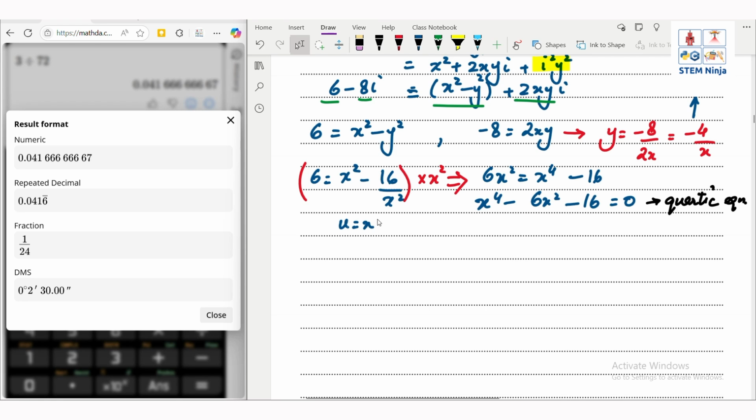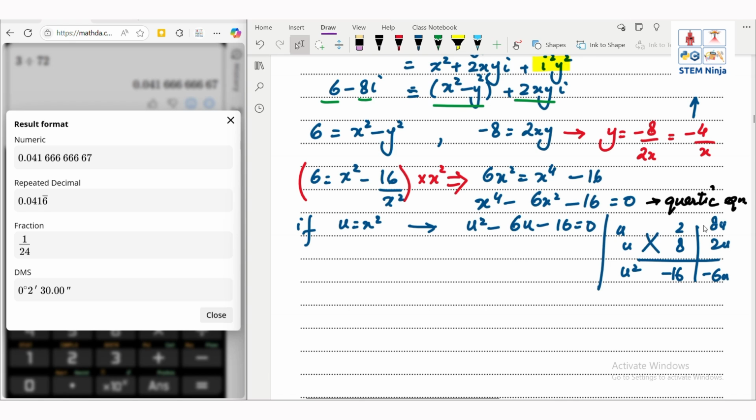So if u is equal to x squared, then the upper quartic equation becomes u squared minus 6u minus 16 equal to 0, which when you try u squared minus 16 minus 6u, so when you try this with 8, 2, and 8, we can get 6. So 8u, 2u, 8 is negative, so we get u plus 2, u minus 8 equal to 0.